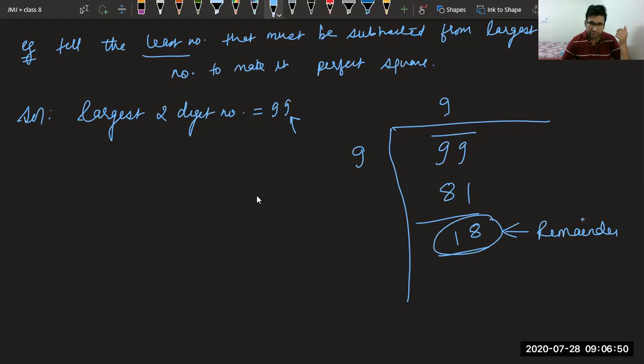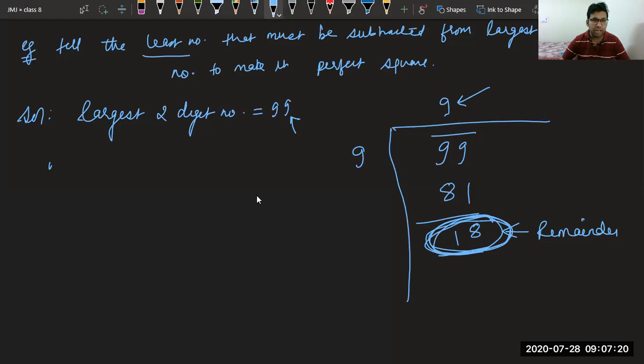We all remember if remainder equal to 0, then this was the answer. Do you all remember that? We want remainder equal to 0, but remainder is 18 over here. So by what number shall I subtract the given number, the dividend, so that it becomes a perfect square? By 18.